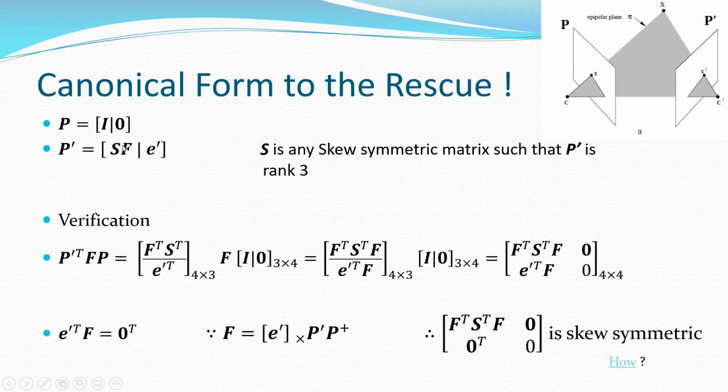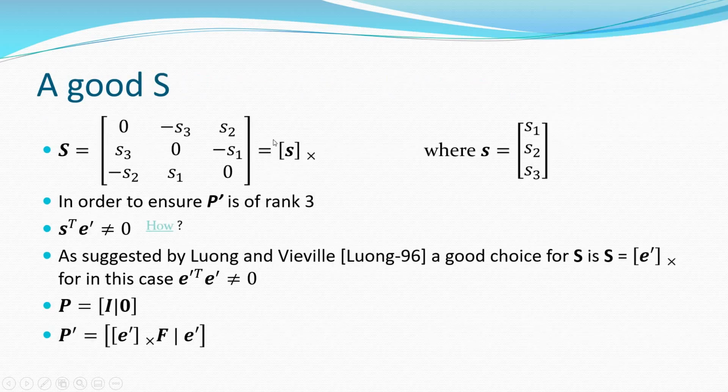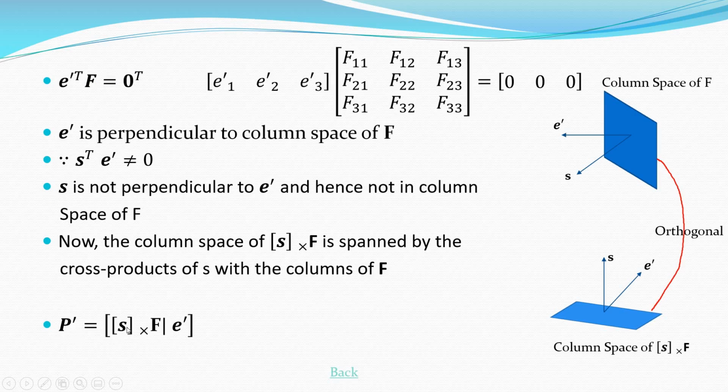So now I'm just changing this S to the cross product notation. So now I have P dash as S cross product F, and there is this E dash that is sitting over here.